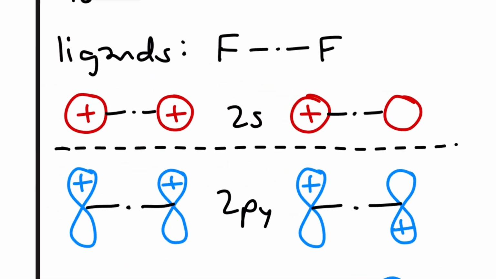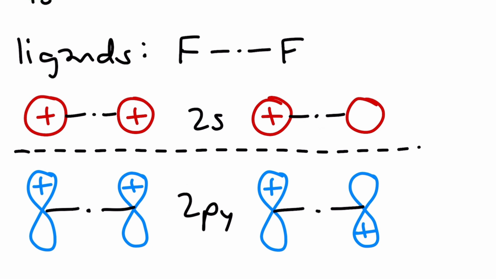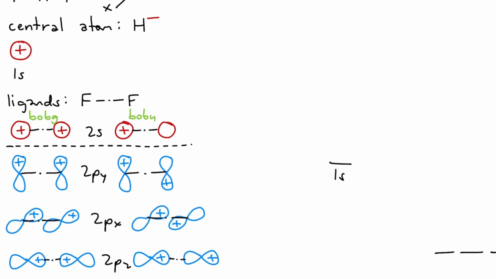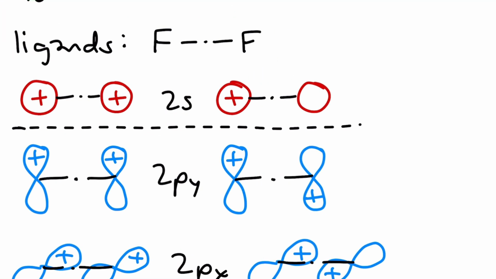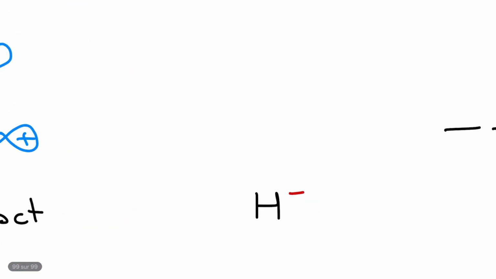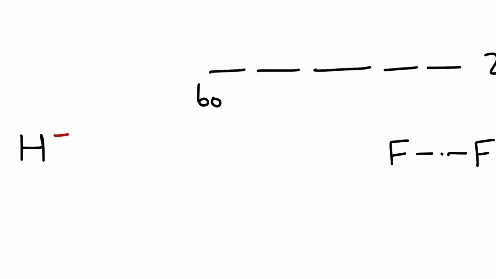Let's call this Bob g and Bob u. I'm just going to use it as a subscript. Bob g and Bob u.